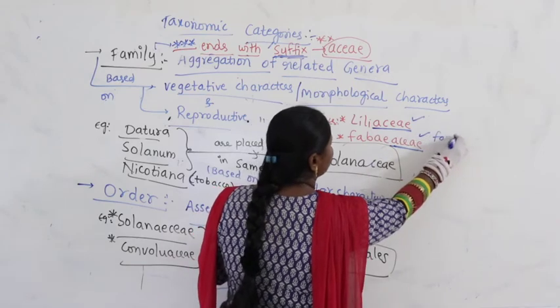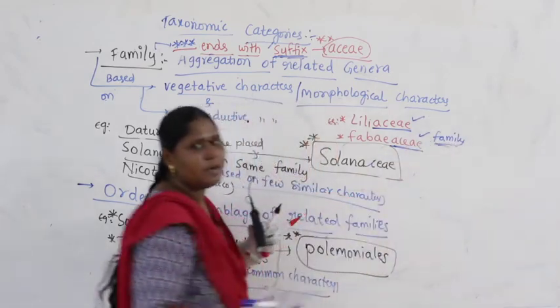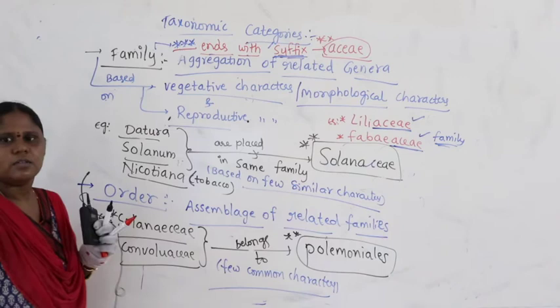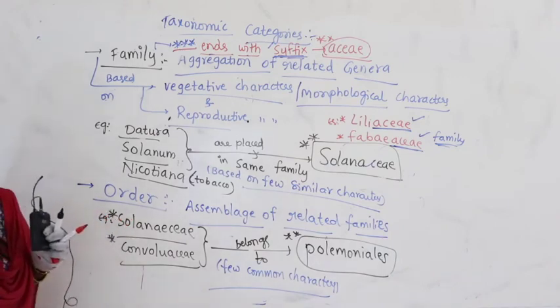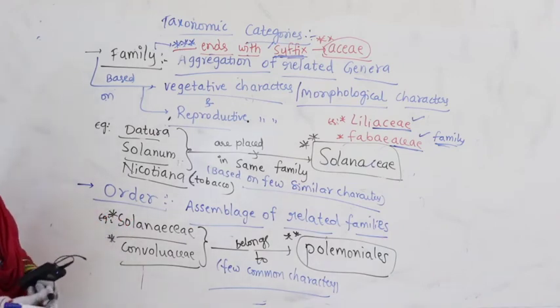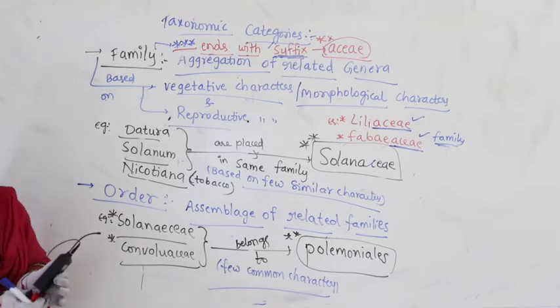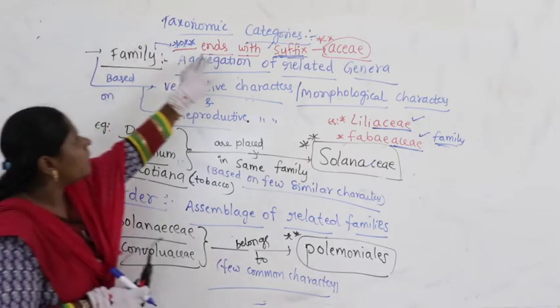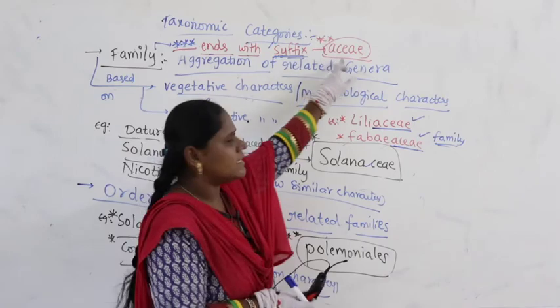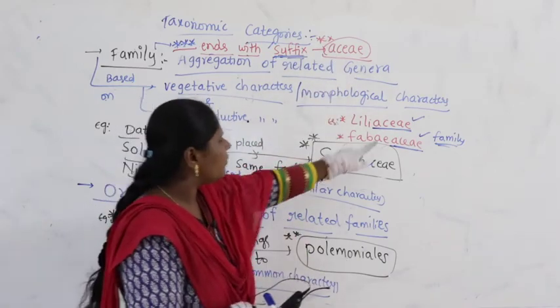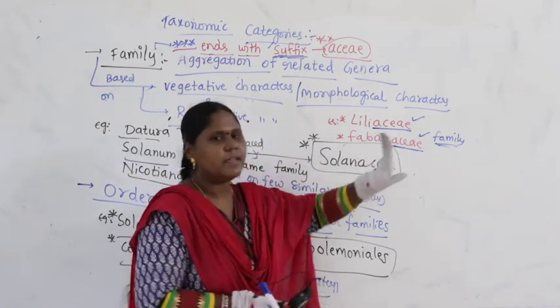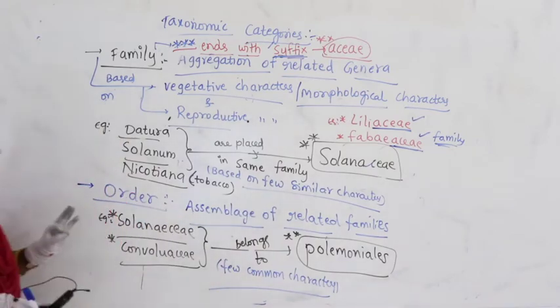Whenever it ends with the suffix -aceae, that is nothing but the name of a family. So try to remember, family ends with the suffix -aceae. This is very important to remember. For any term you find ending with -aceae, that is nothing but the name of a family.